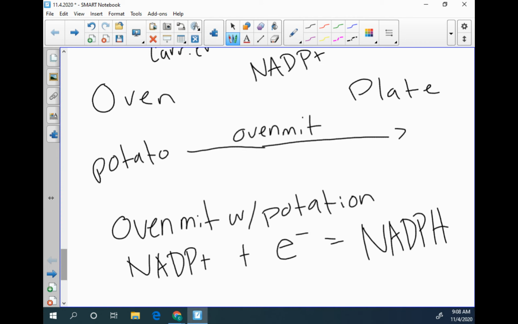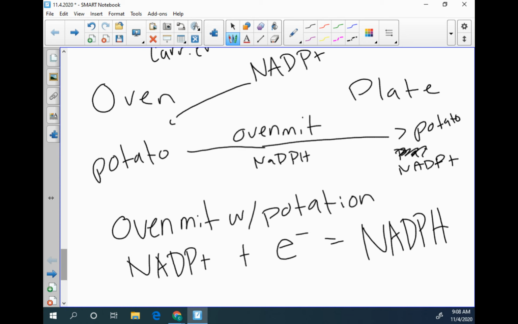So the unpowered version of the electron carrier is NADP+, and the electrified, the energetic version of our electron carrier is NADPH. So in this case, we would have NADP+ here, NADPH here, and NADP+ here because we have put the potato back down.